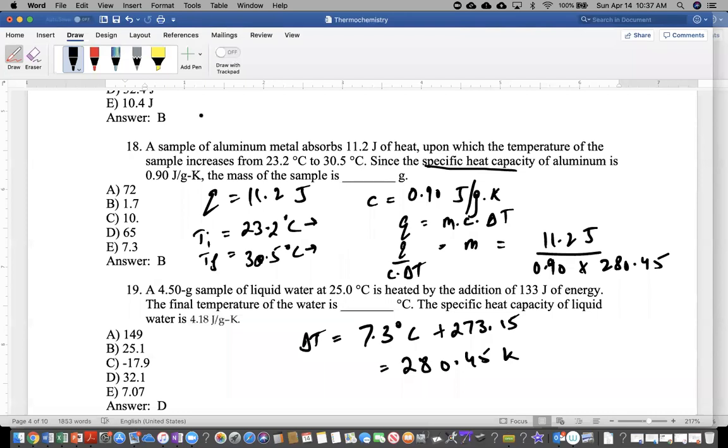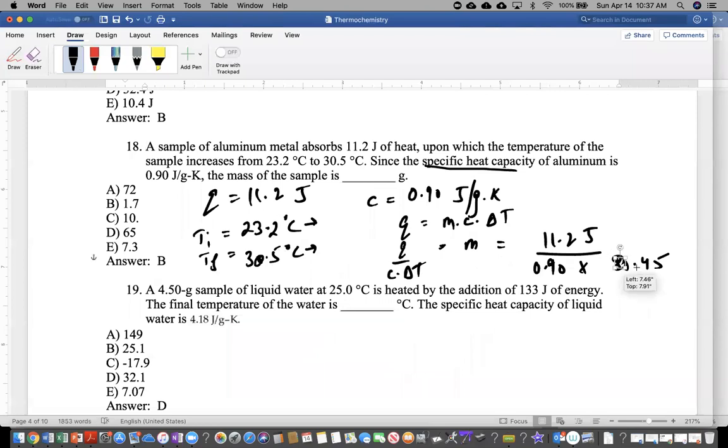That's very stupid of me. I think I mentioned that in class, and I myself forgot that. You've got to change it to Kelvin, but then the difference stays the same, and that difference was how much? 7.3, like you said.